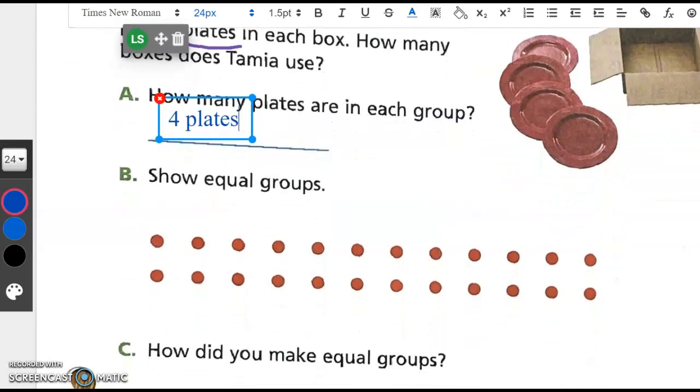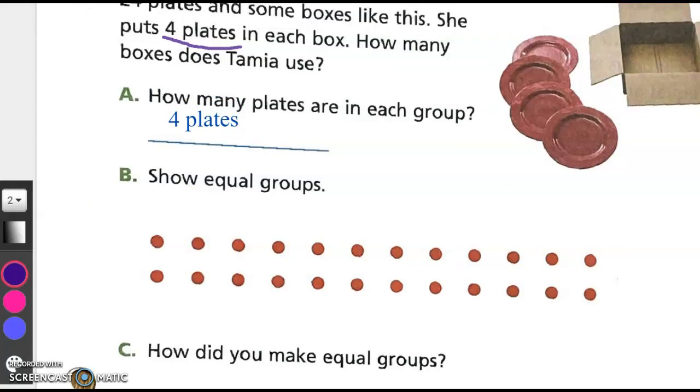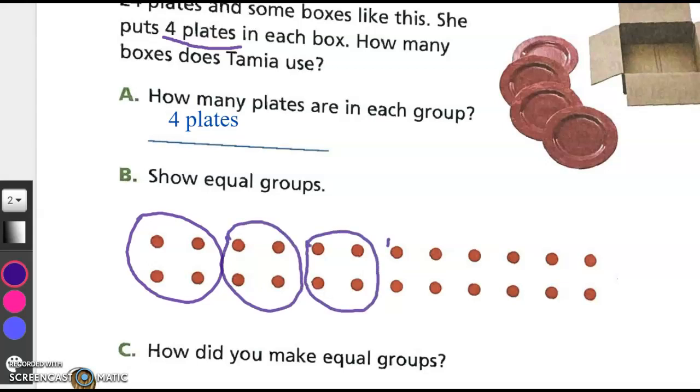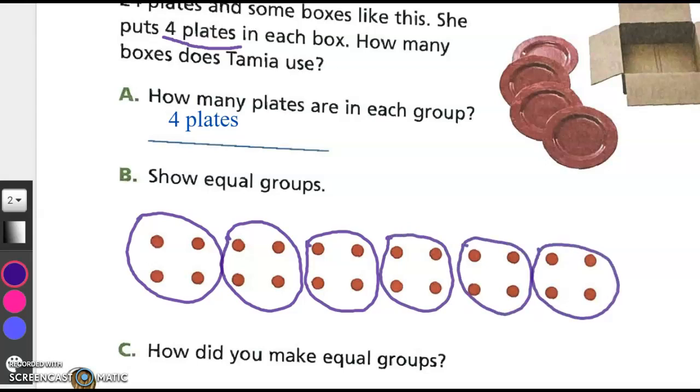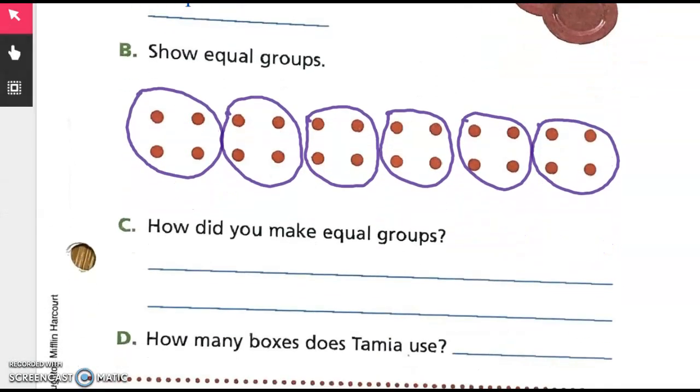And then they gave you a drawing of 24 circles here representing the plates, right? And how many are going to be in each group? So you should go in and circle groups of 4 to find how many equal groups of 4 there are. How many equal groups?